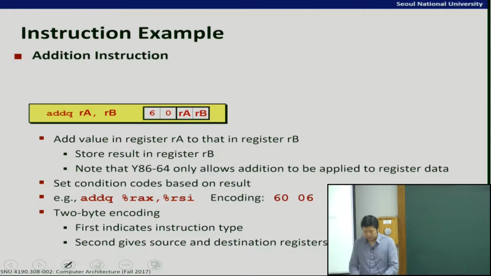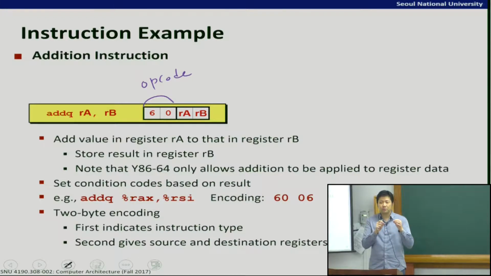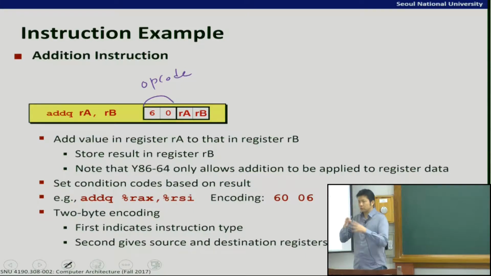The first byte is 60. This is called the opcode, by the way. The opcode specifies what kind of instruction it is. If you decode this opcode, it tells you it's an add instruction, and it allows you to understand the layout of the subsequent bytes.